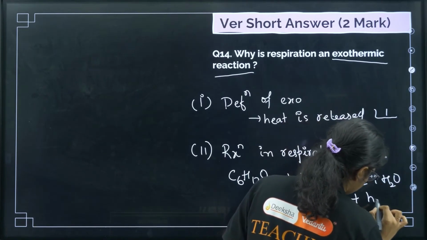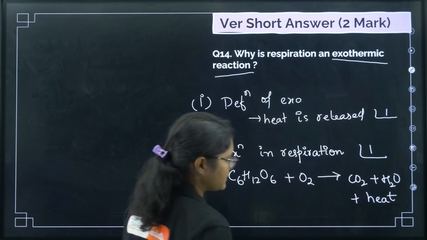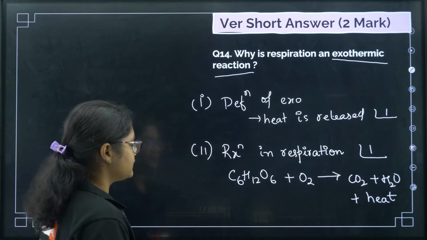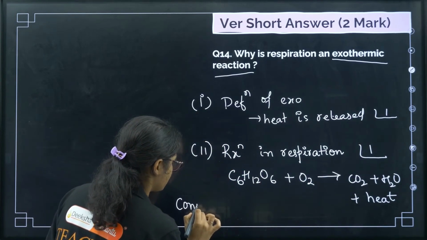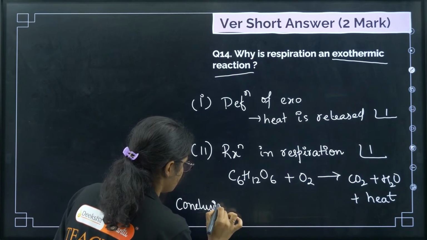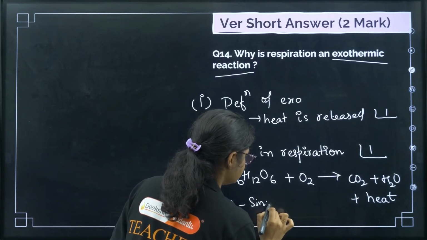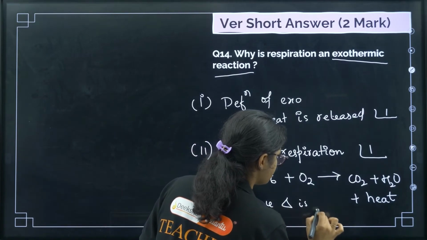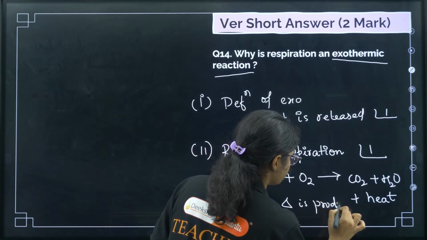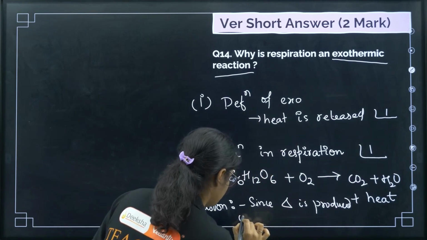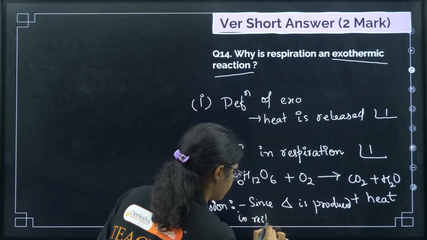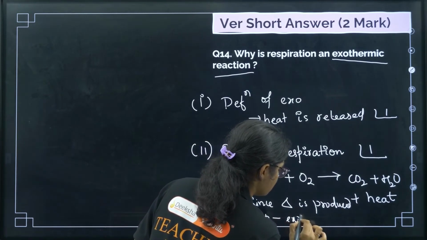Here you must mention heat, because you are telling heat is produced. After this you have to write the conclusion. Conclusion is: since heat is produced in respiration, it is an exothermic reaction.